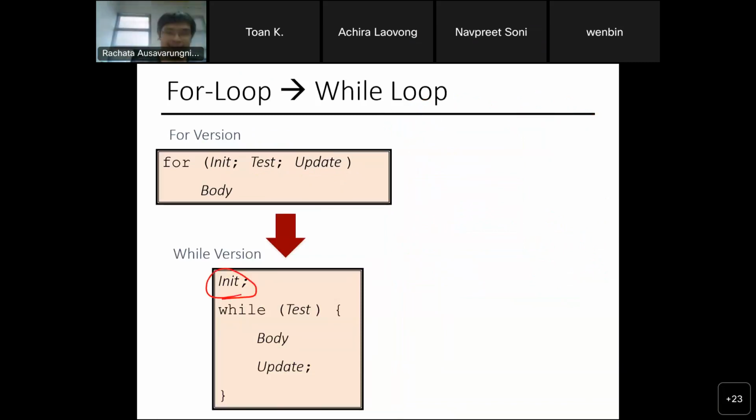You first init, the rest test, update, and that's it. Now you have the while loop. And with the while loop, we can change to the do while loop through the earlier example, which means we can now change to the go to example, which means now we can change to assembly, right?